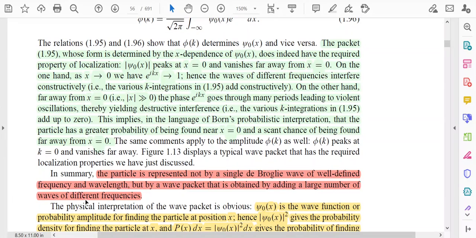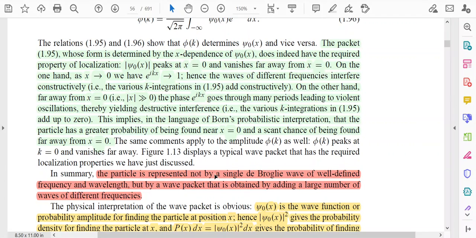So in summary, we can say that the particle is represented not by a single de Broglie wave of well-defined frequency and wavelength, but by a wave packet obtained by adding a large number of waves of different frequencies. The main conclusion is that we are not describing the particle in terms of a single de Broglie wave, which we studied in de Broglie's hypothesis, that is lambda equal to h by mv.